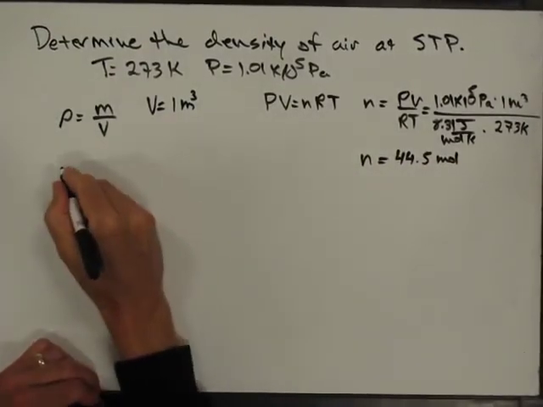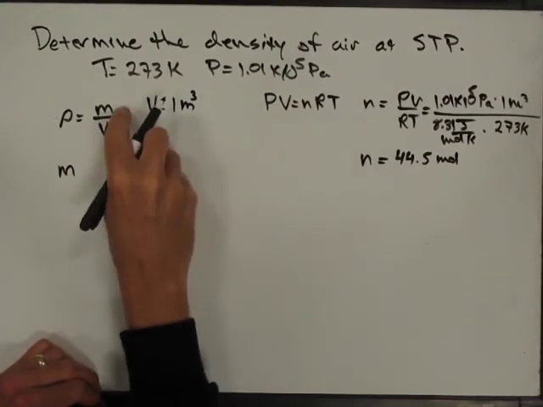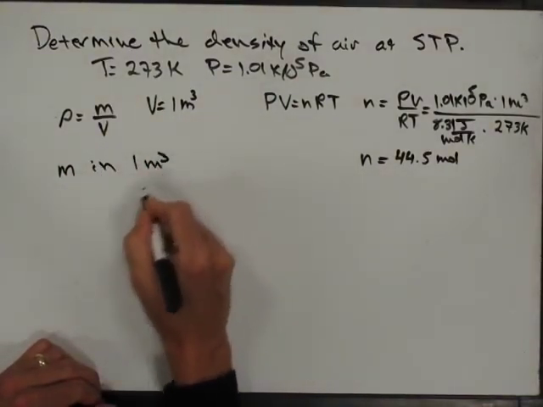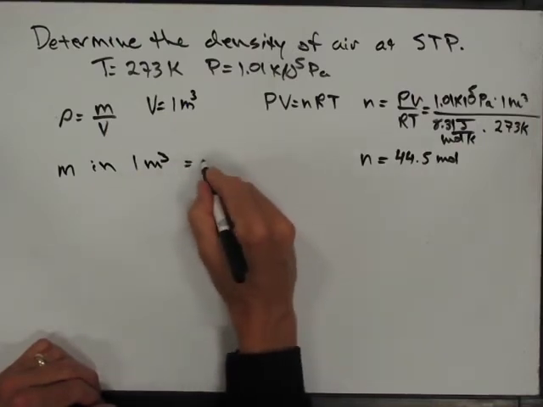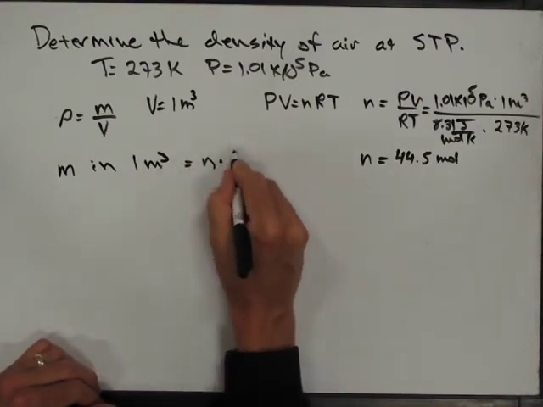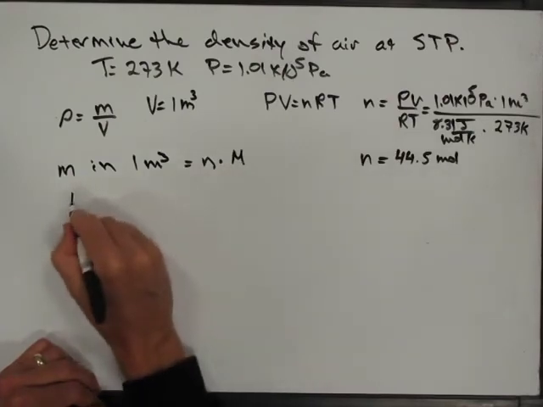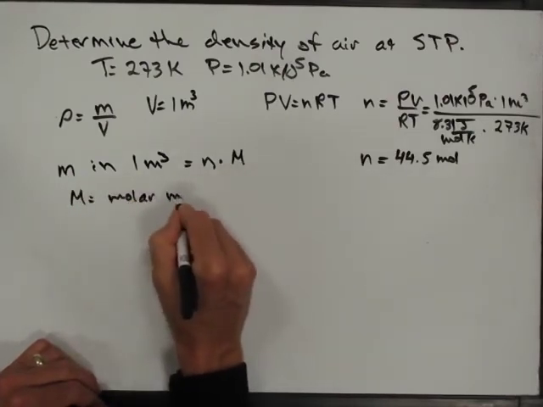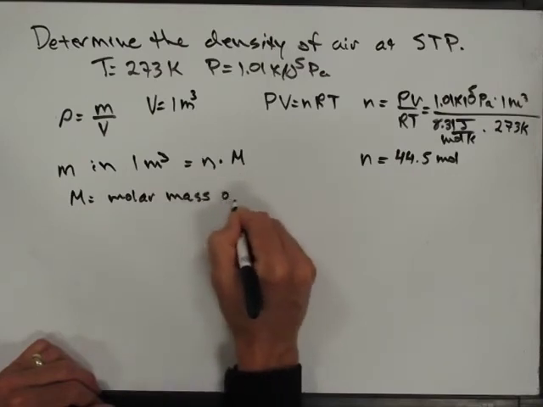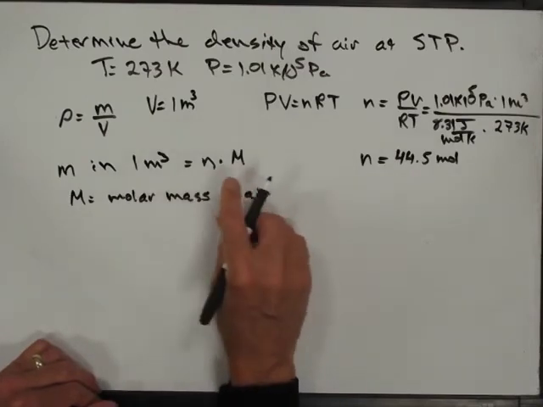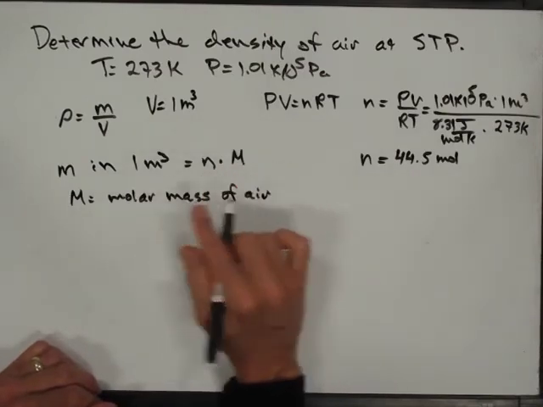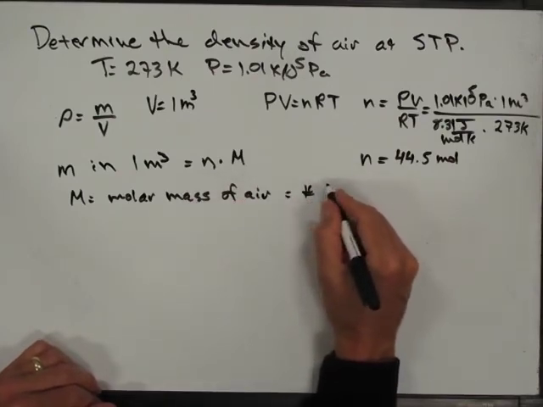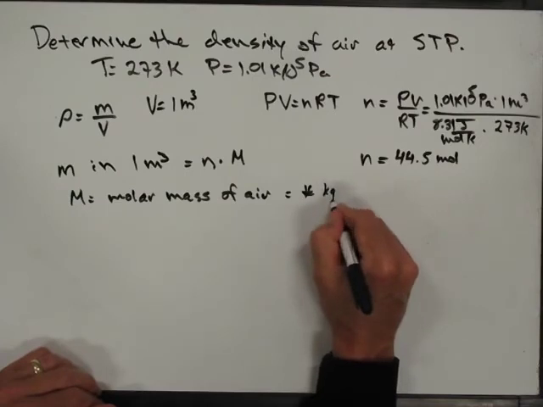Sorry, we want to calculate the mass in 1 cubic meter. And that's equal to the number of moles times the molar mass of air. The molar mass is the number of kilograms per mole.